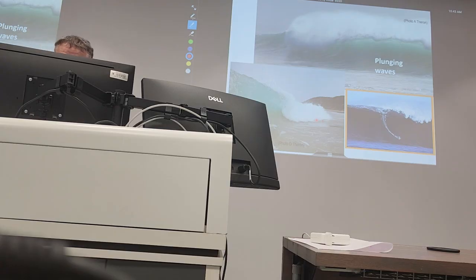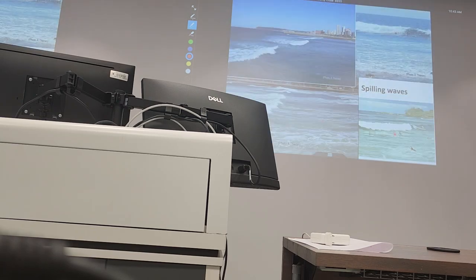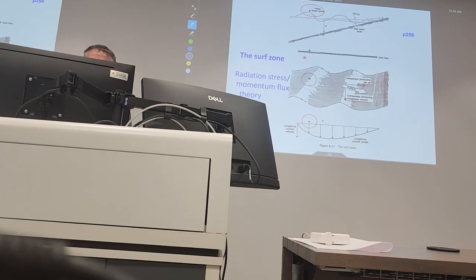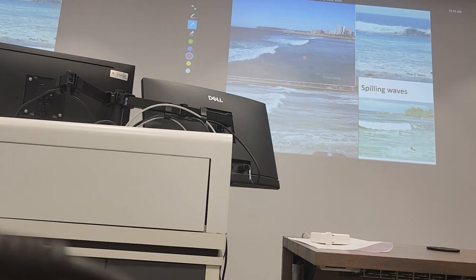Nice surf. This is your typical wave for surfers. And our spilling wave is for our normal beachgoers, the easier wave that we can manage. Okay, so that's basically our different types of wave.